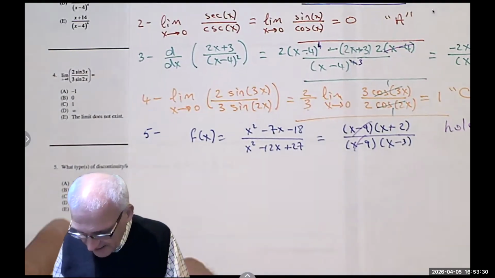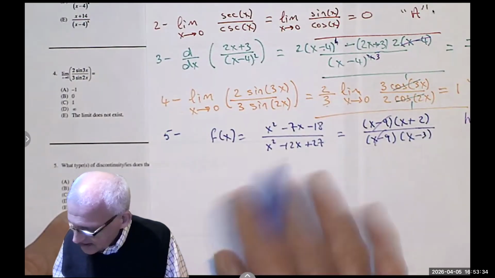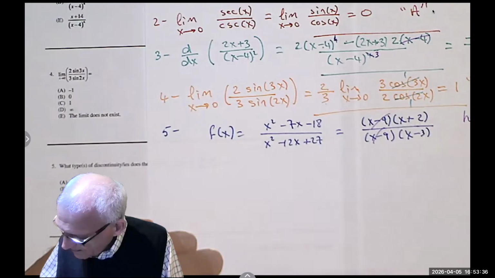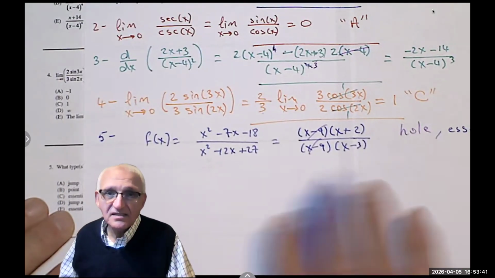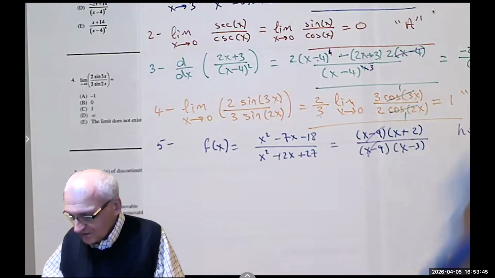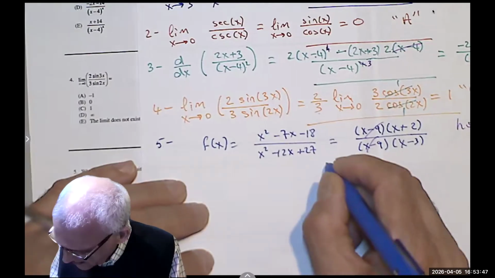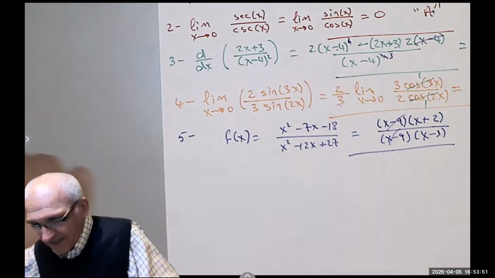So essential and removable, because it's a hole. Infinity is another word for essential, and removable is another word for hole, right? If you remove the hole, you won't have any discontinuity there. Okay, so these are 5.